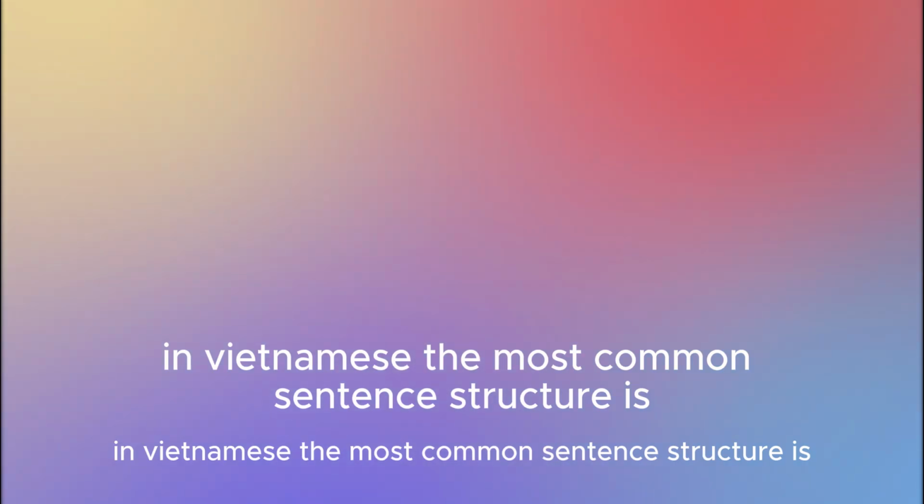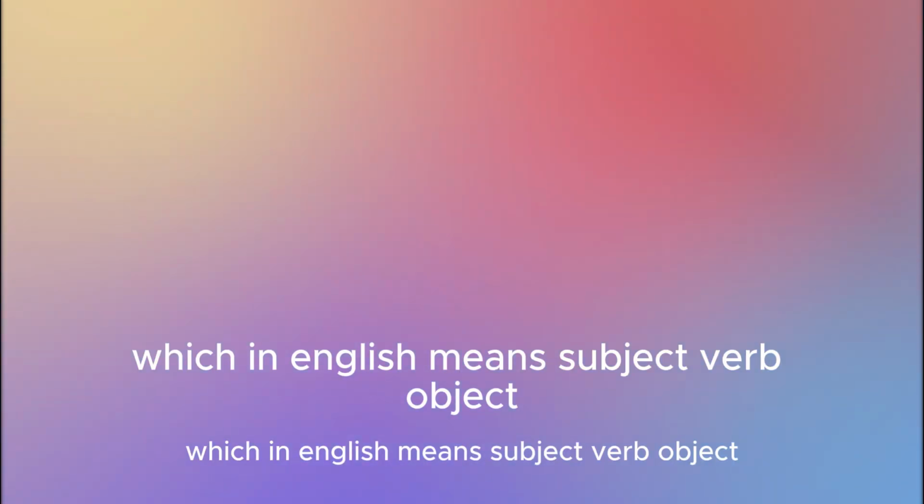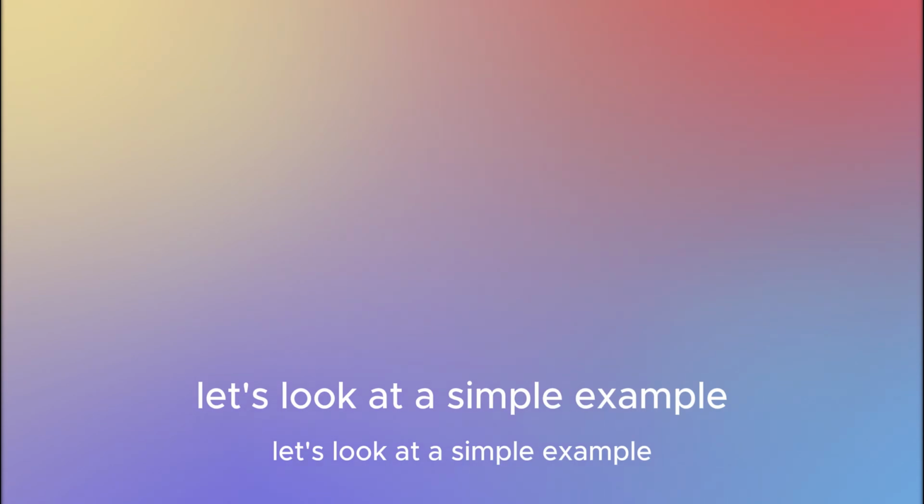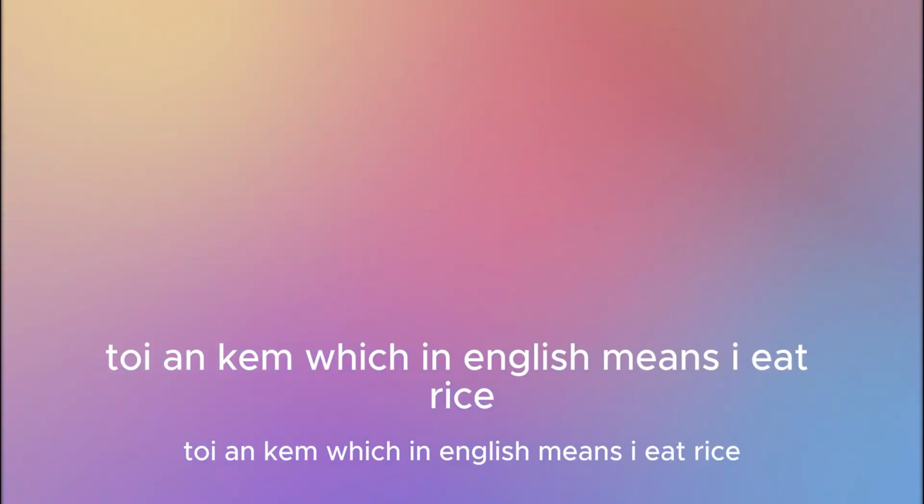Let's begin. In Vietnamese, the most common sentence structure is chủ ngữ, động từ, tân ngữ, which in English means subject, verb, object. This is very similar to English. Let's look at a simple example. Tôi ăn cơm, which in English means I eat rice.